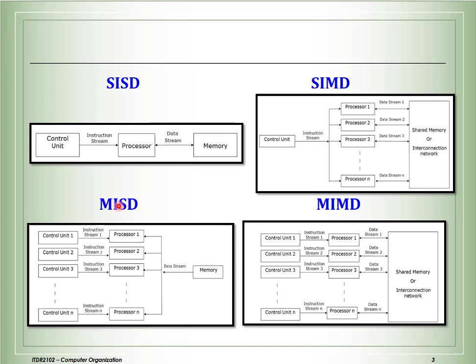Before going to these computer instruction models, I need to tell you the basic models of computation. There are two models of computation for the computer system. One is called serial computation and the second is called parallel computation.